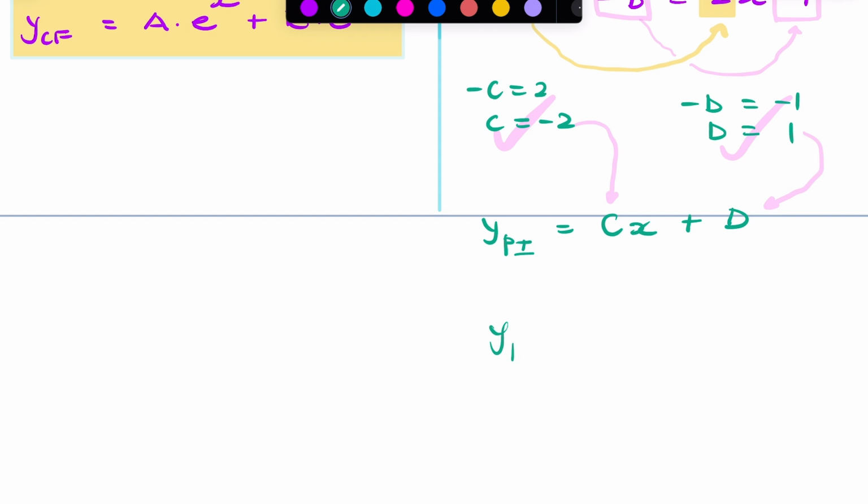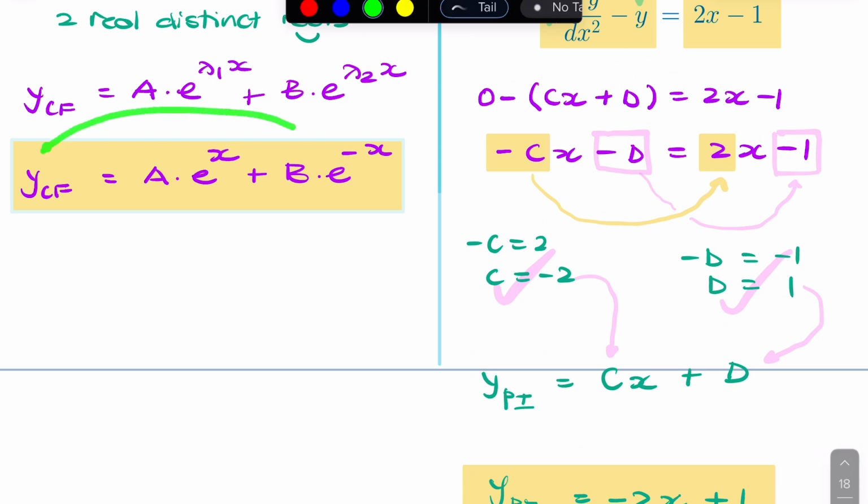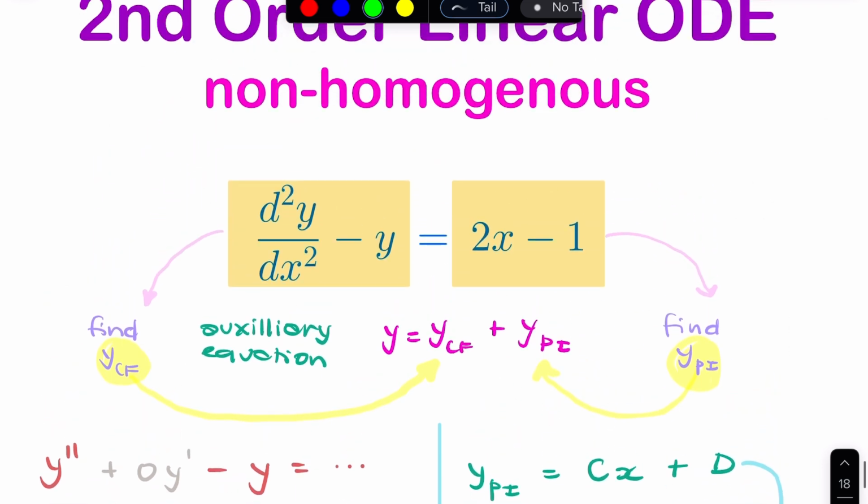So YPI equals negative 2x plus 1. So now we have YPI, my particular integral, and I have my YCF, which is my complementary function, the general solution.